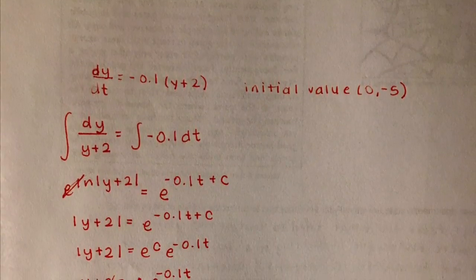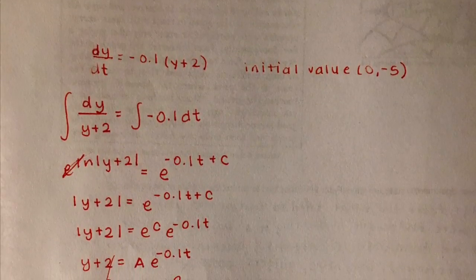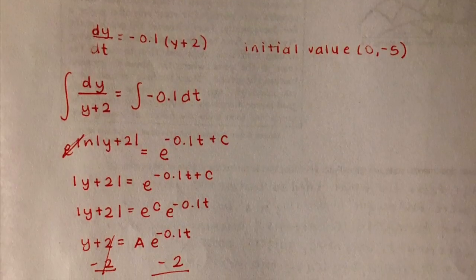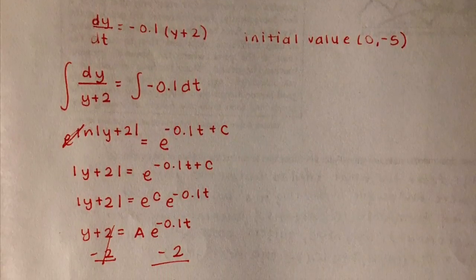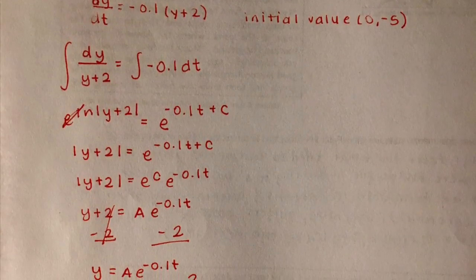However, we need to isolate y. The inverse of log is e, so we raise both sides to e, and the e and the ln cancel. We have y plus 2 equals e raised to the negative 0.1t plus c.